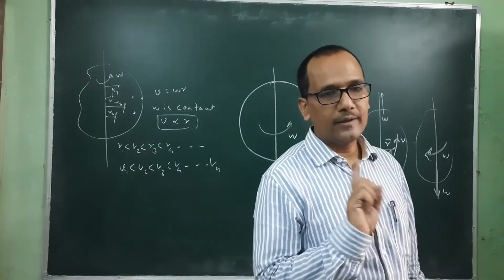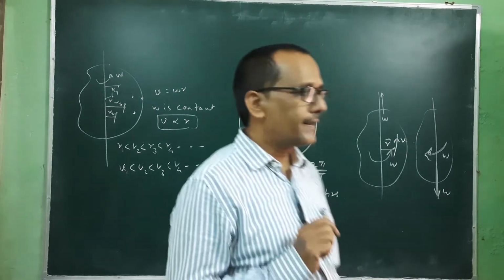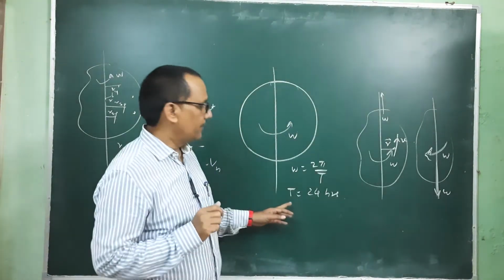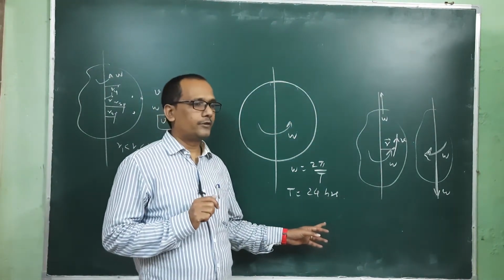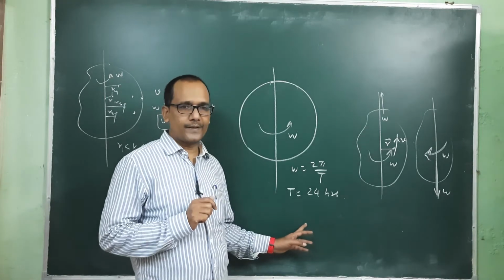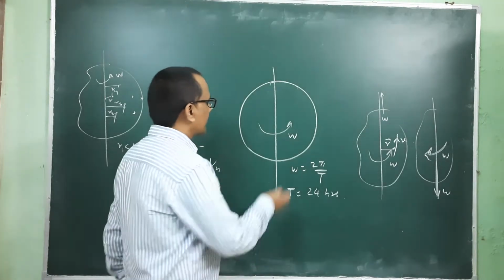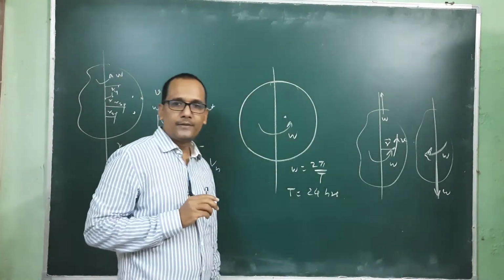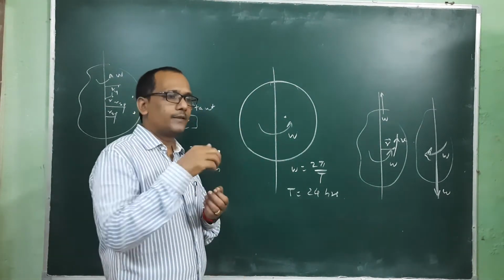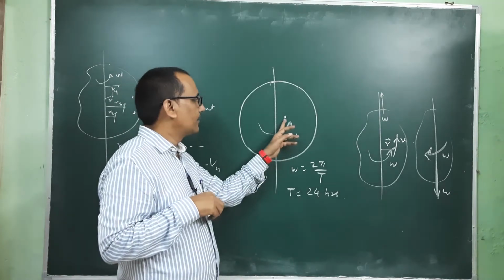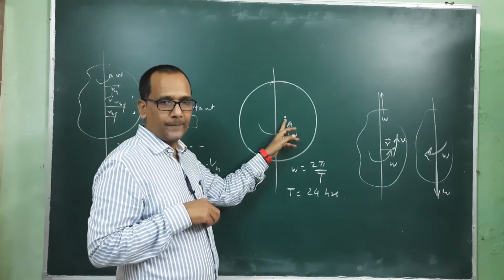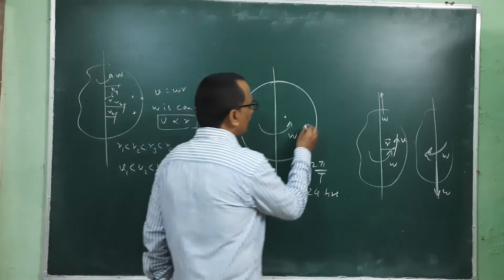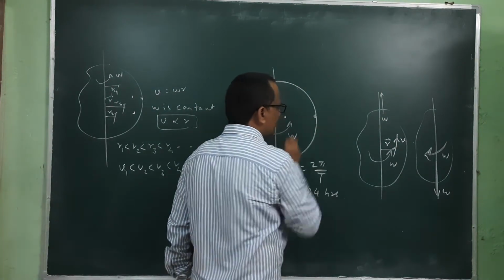Earth rotates along its axis in 24 hours. So T is fixed. Some people near this axis of Earth are moving with Earth with lower linear velocity compared to one person somewhere here.